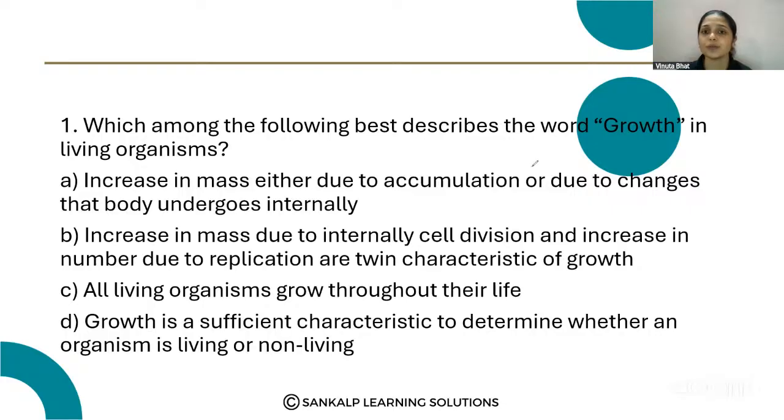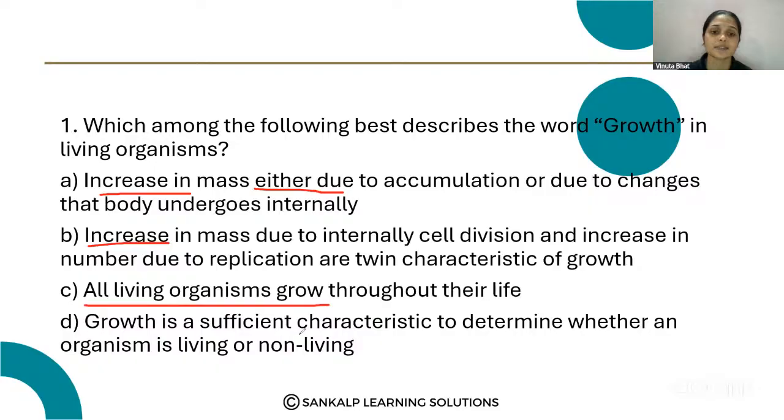Which among the following best describes the word growth in living organisms? Option A: Increase in mass either due to accumulation or due to the change that body undergoes internally. Option B: Increase in mass due to internally cell division and increase in number due to replication are twin characteristics of growth. Option C: All living organisms grow throughout their life.